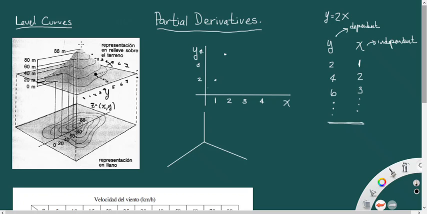So if you're trying to find the top of this mountain, you may find that maybe for x equals 4 or 5 and y equals 4 or 5, you might get right on this area, and this is the maximum value for z, which is the height of this mountain. So this is level curves, and this is a practical example of how to represent the multivariable in a geometrical way.